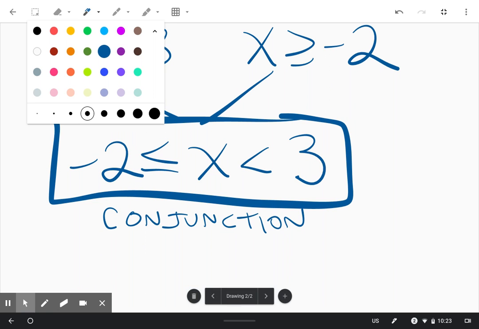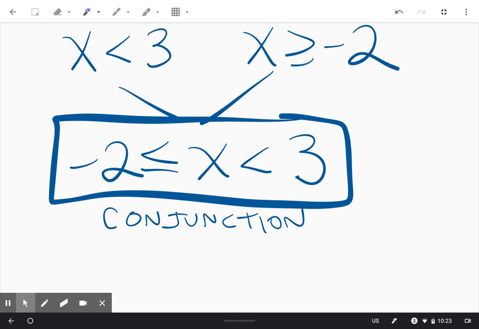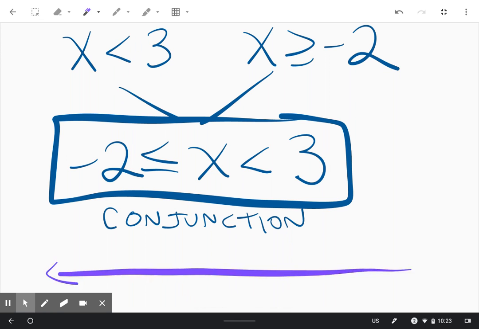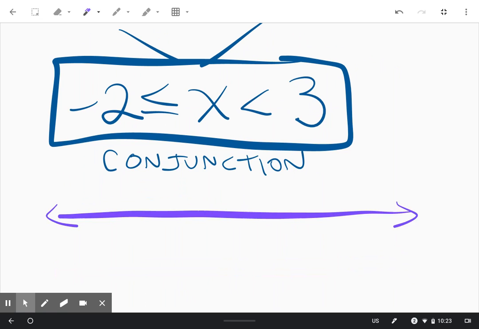And so that looks different on our number line. If I graph this on a number line, I'll see that we have 0 here, 1, 2, 3, 4, 5. Let's put some numbers over here.